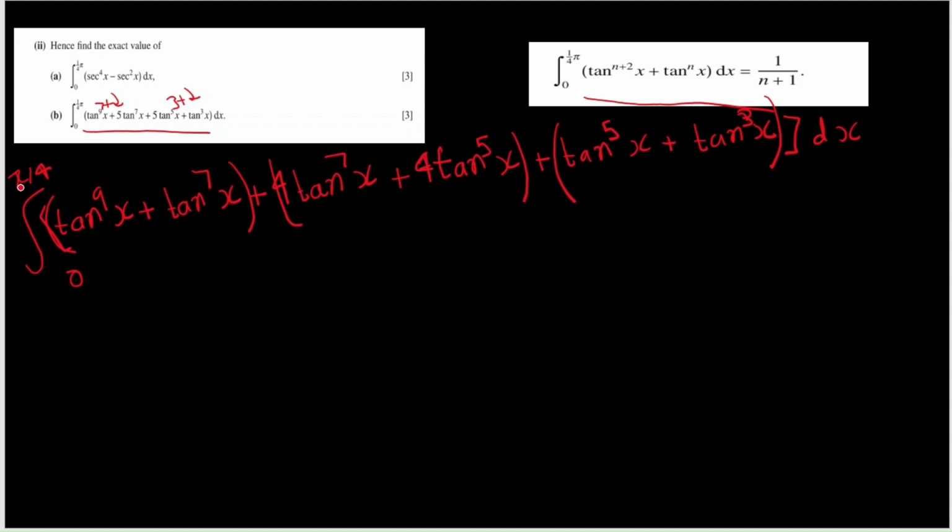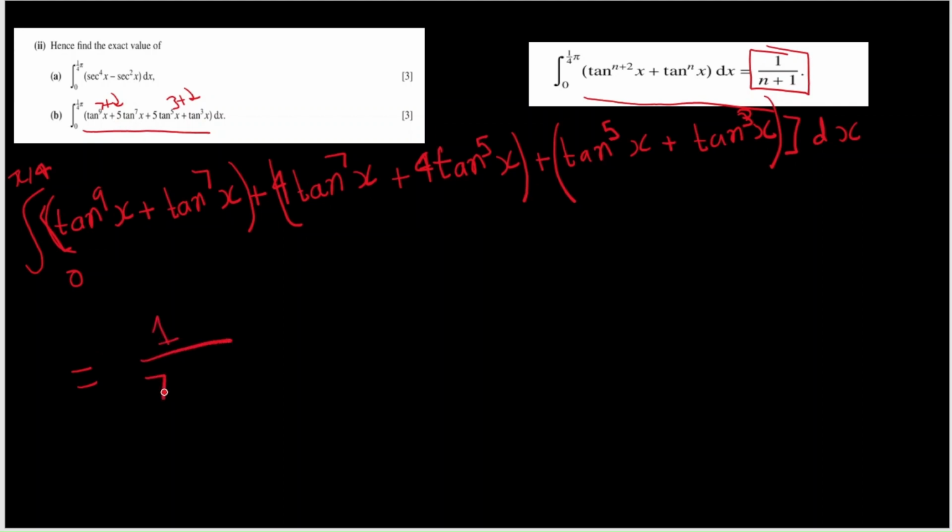Yes, it is. See, we have tan 7x, and when we integrate this, we're going to get 1 over 1 plus n, and what is the n over here? 7. 7 plus 2 is 9. We have 5 over here. 5 plus 2 is 7. We have 3 over here. 3 plus 2 is 5. So simply when we do this, we're going to get 1.